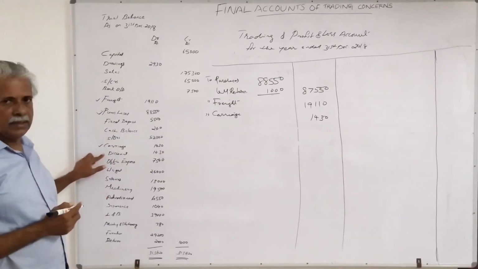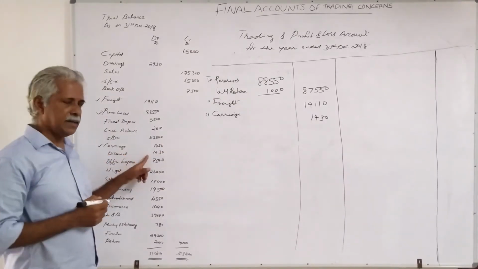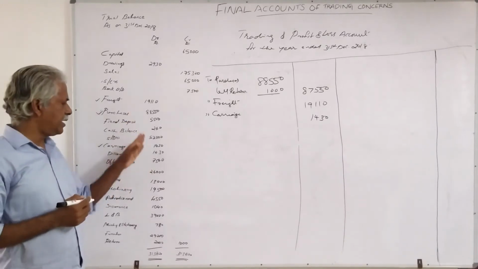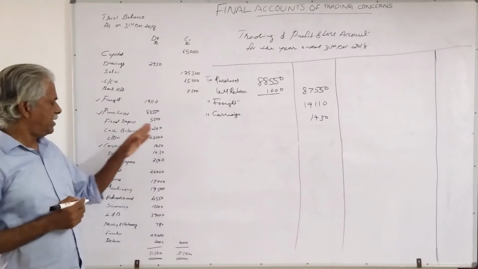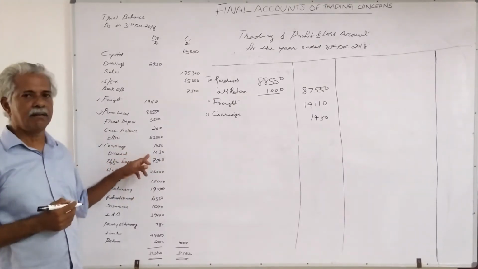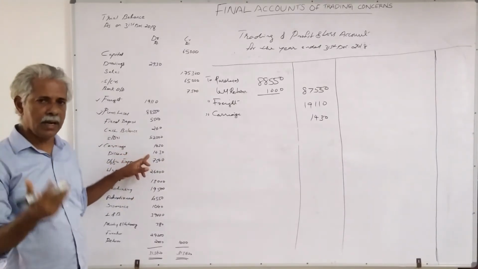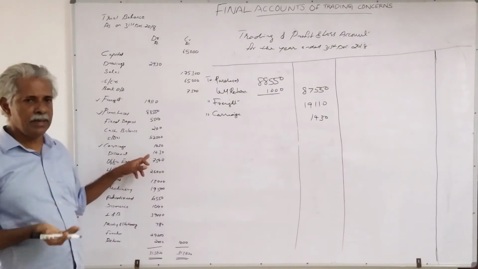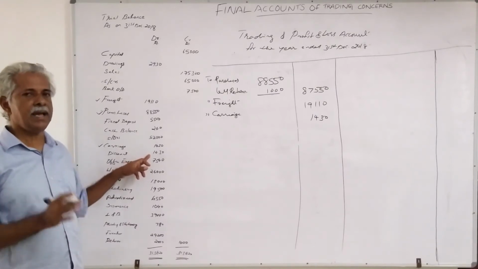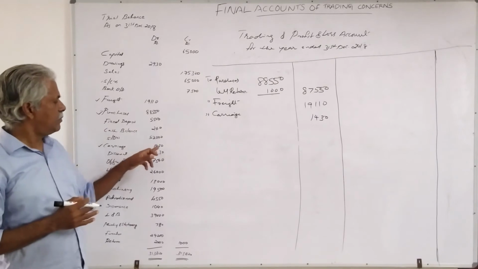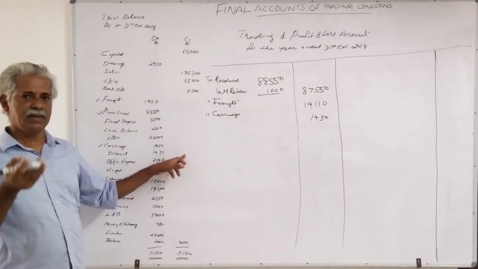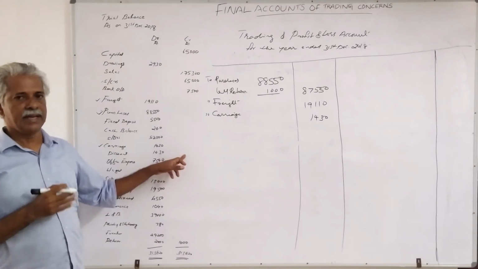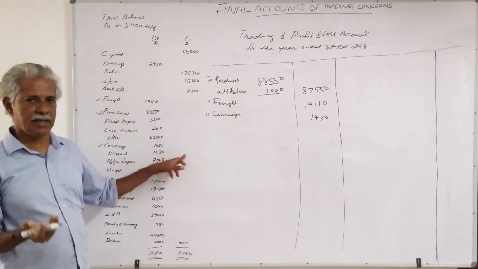Next, discount. Discount has two types, which may be given in the debit column or credit column. If it is given in the debit column, it means discount allowed. Discount allowed is an indirect item. If it is given in the credit column, it means discount received. That means it is an indirect income.